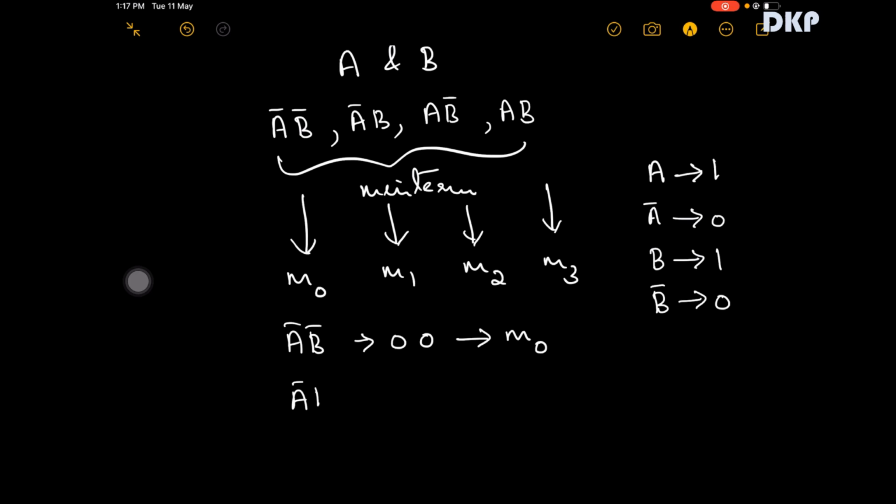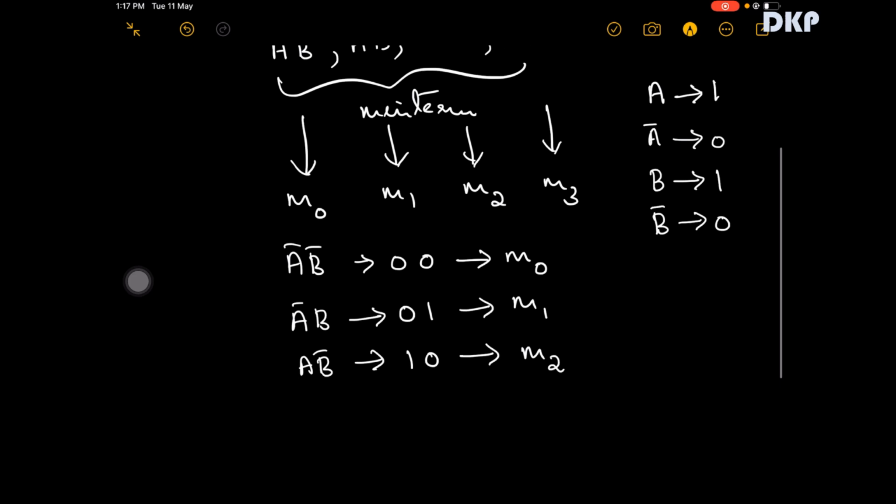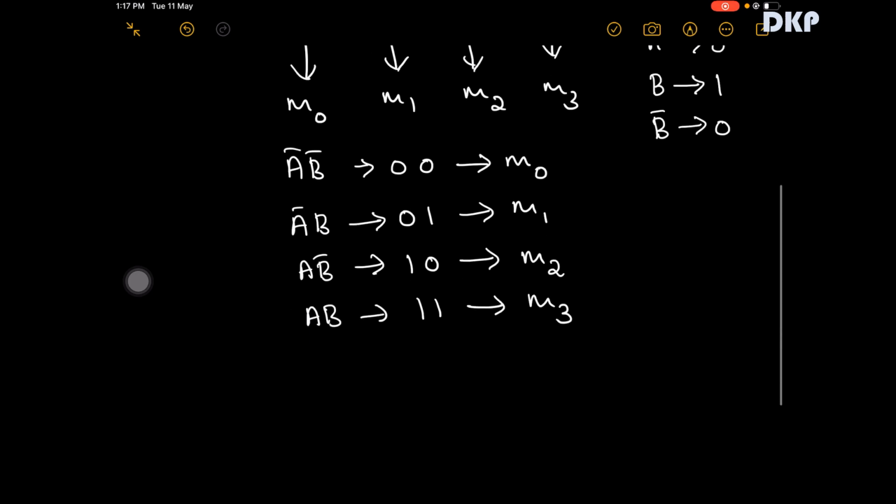Similarly, for A bar B, where A bar is 0 and B is 1, this is M1. Similarly, for A B bar, 1 0, that is M2. And AB is 1 1, and the decimal designation is M3.